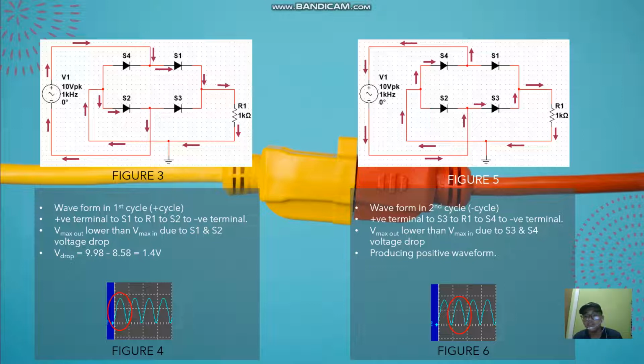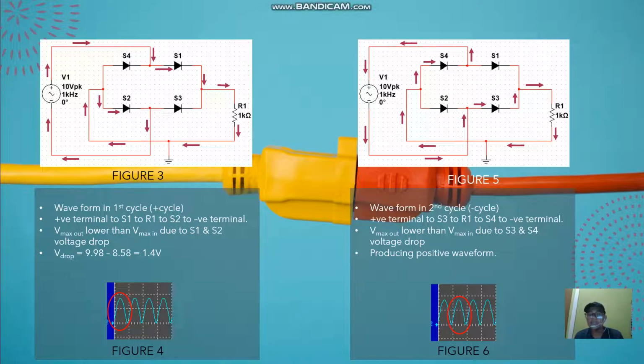So our connection starts from the negative of V1, which is actually the positive terminal during this cycle, then connects to S3, which is diode number 3, then continues to resistor number 1, then to S4, which is diode number 4, and finally connects to the positive terminal of V1, which acts as the negative terminal during this cycle.